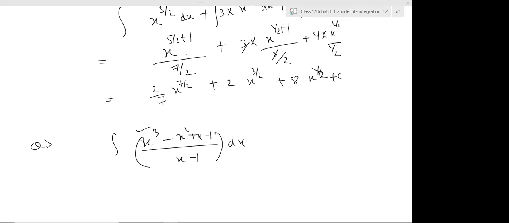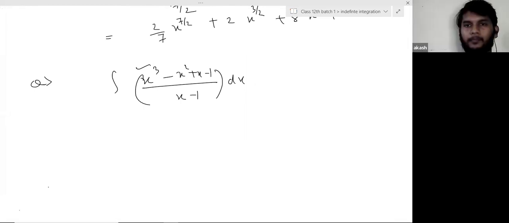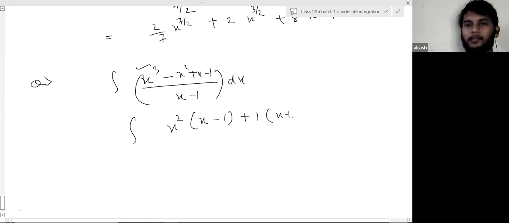Anyone solve this? Yes, sir. All right, Krishna, Syed got different answers. Let's see. This is integration of, if I take x square common, this will be x minus 1 plus 1 common, x minus 1 upon x minus 1 in total multiplied by dx.